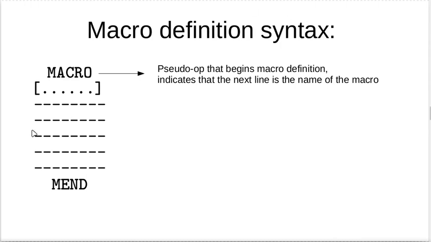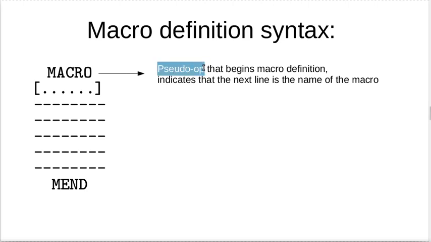So the first line in this syntax is MACRO, M-A-C-R-O, in all caps, right? Now what is MACRO? This MACRO in all caps is a pseudo op instruction that begins the macro definition, and it indicates that the next line is the name of the macro, right? Now what is a pseudo op instruction?